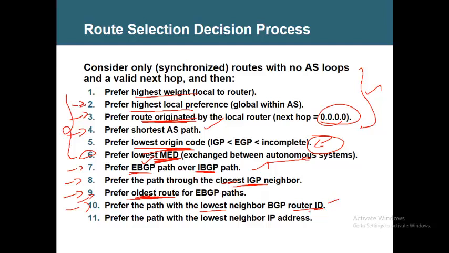In case it is there by mistake, it is going to pick the neighbor's IP address which is lower. Can there be any tie in this? No way. No two neighbors can have the same IP address.